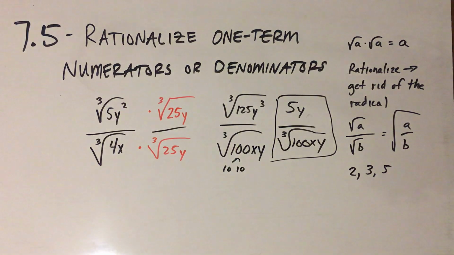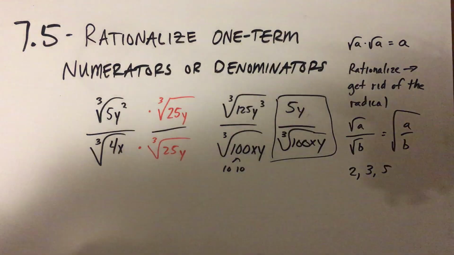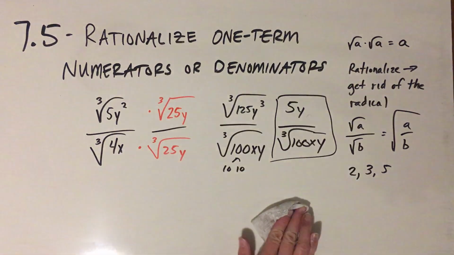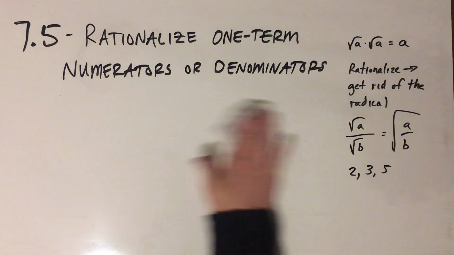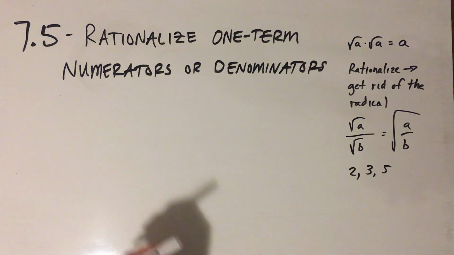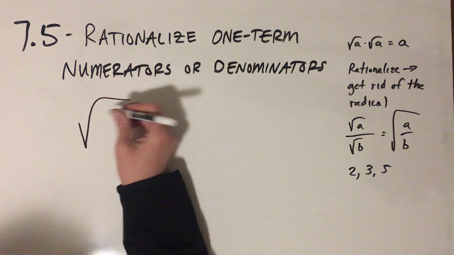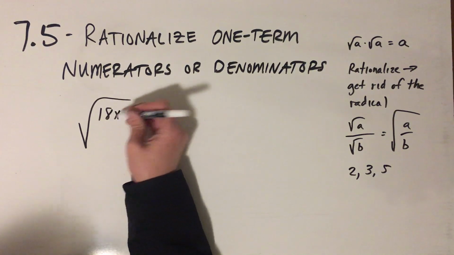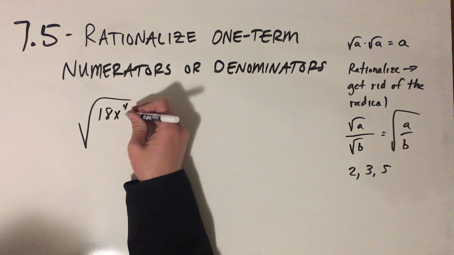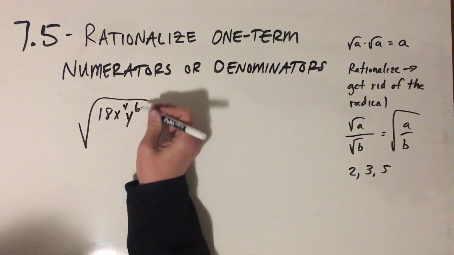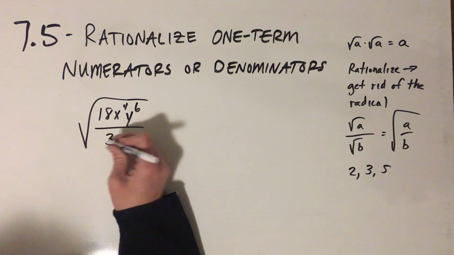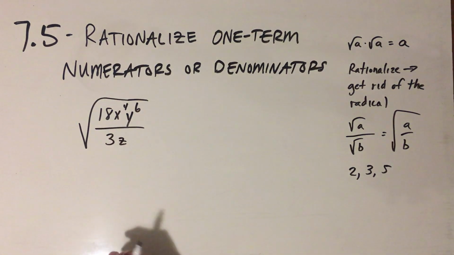This last one's going to be a little harder. See what we can do with this one. This is going to be the square root of 18x to the 4th, y to the 6th, all over 3z.